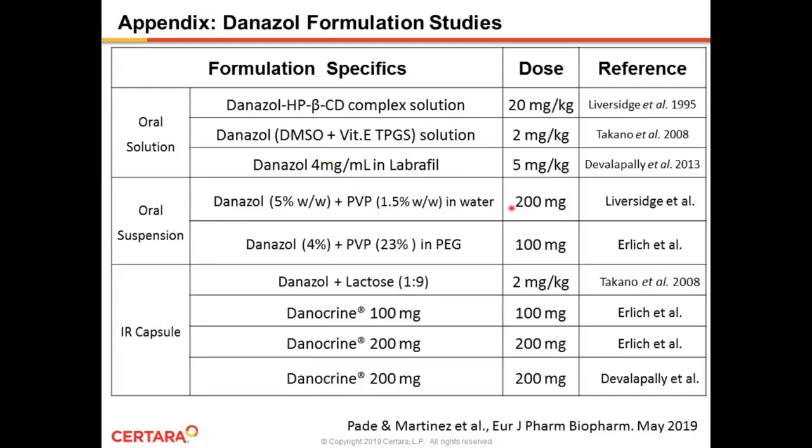These were of different doses, and they were all taken from different in vivo published results. That's the reason I was saying the model is pretty robust, because it was able to predict all of these formulations.